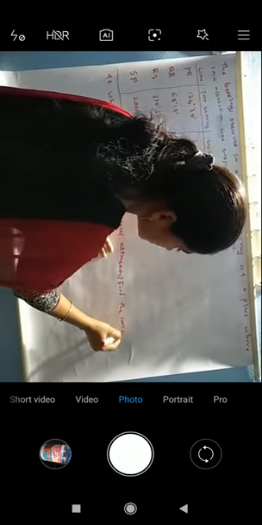Find the corrected bearings of the lines. So this is the sum they have given.